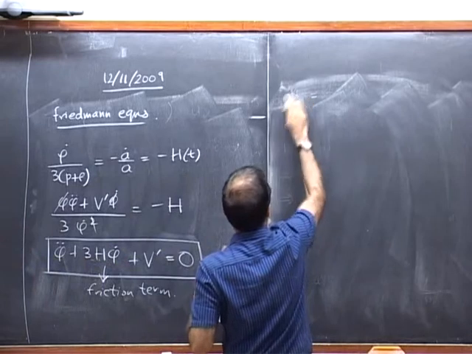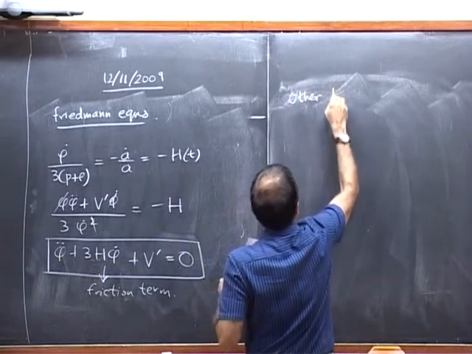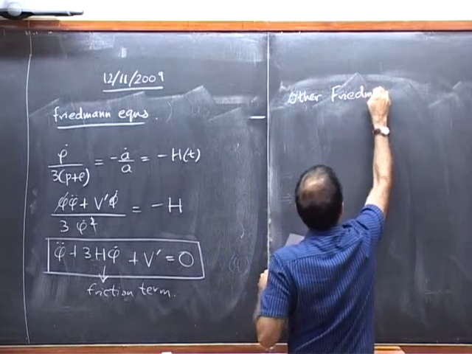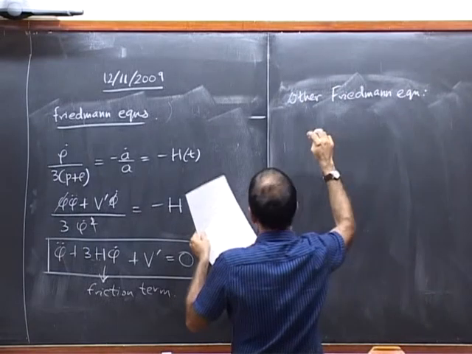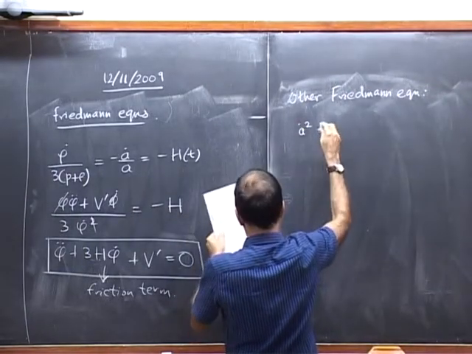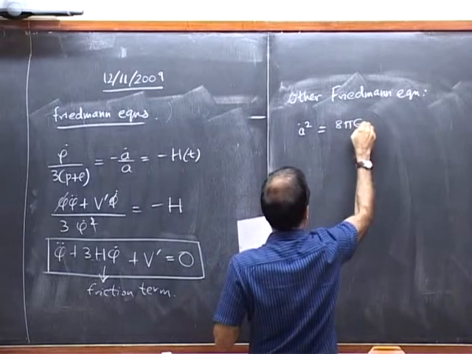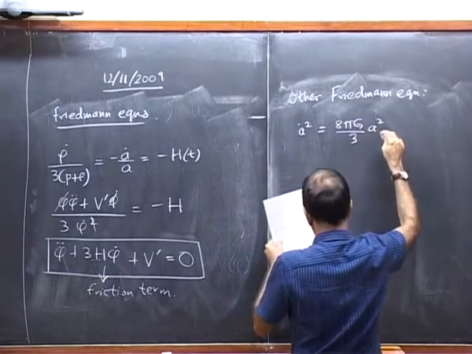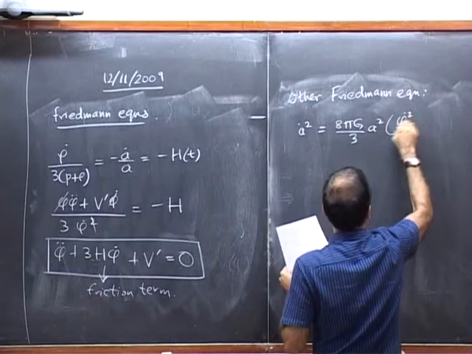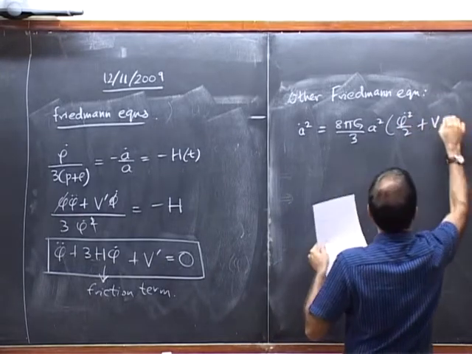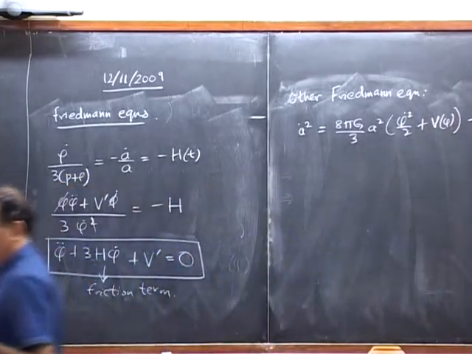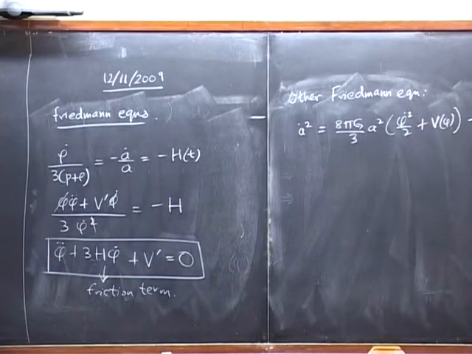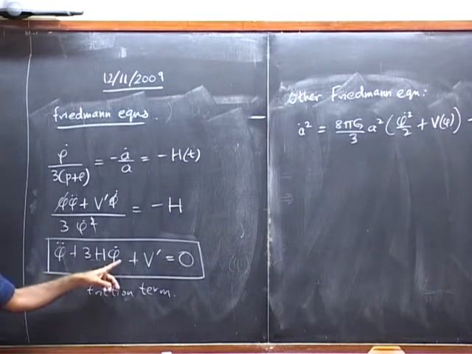So the other Friedmann equation, actually it might be the first one, when translated into this language, just says that a dot squared is equal to 8 pi G by 3 a squared times phi dot squared by 2 plus V of phi, plus k. So there you have it, a pair of equations for the dynamical evolution of phi of t and a of t.